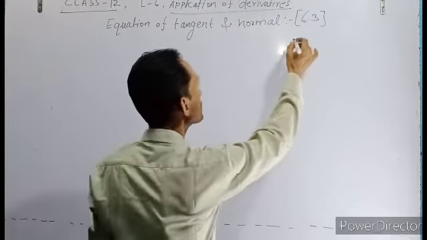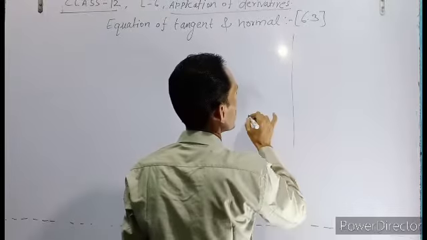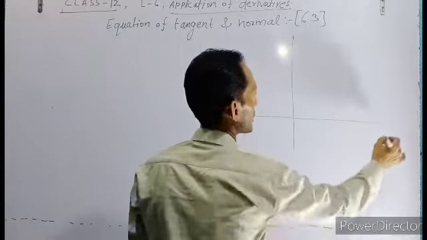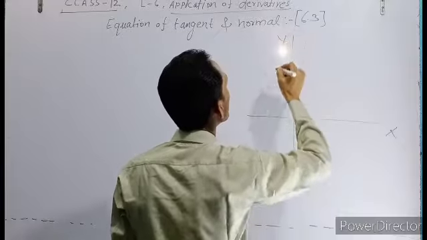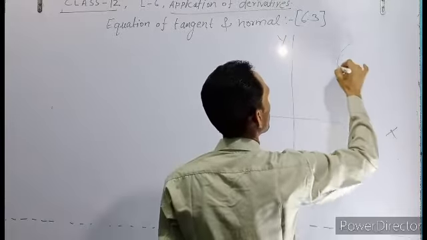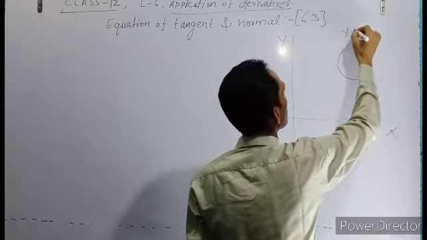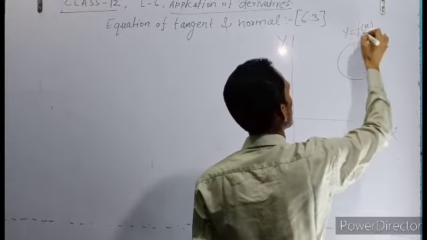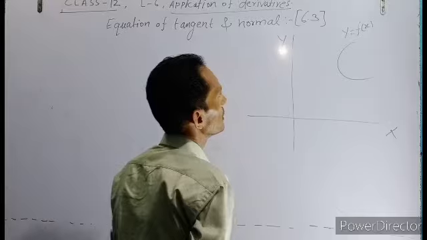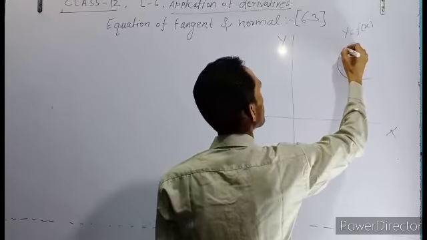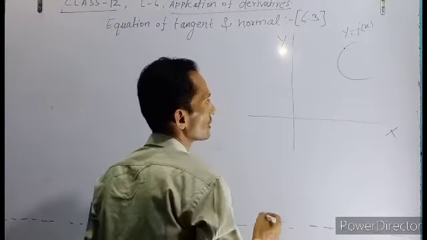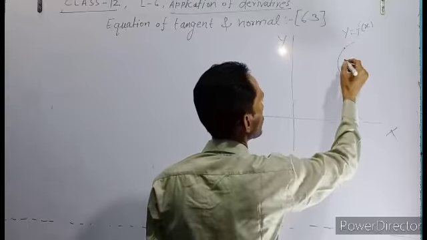Suppose that these are the x and y axes, and this is a curve, any curve. Suppose the curve is defined by y equal to f of x, and this is the point where we have to find the tangent. The point is (x1, y1).